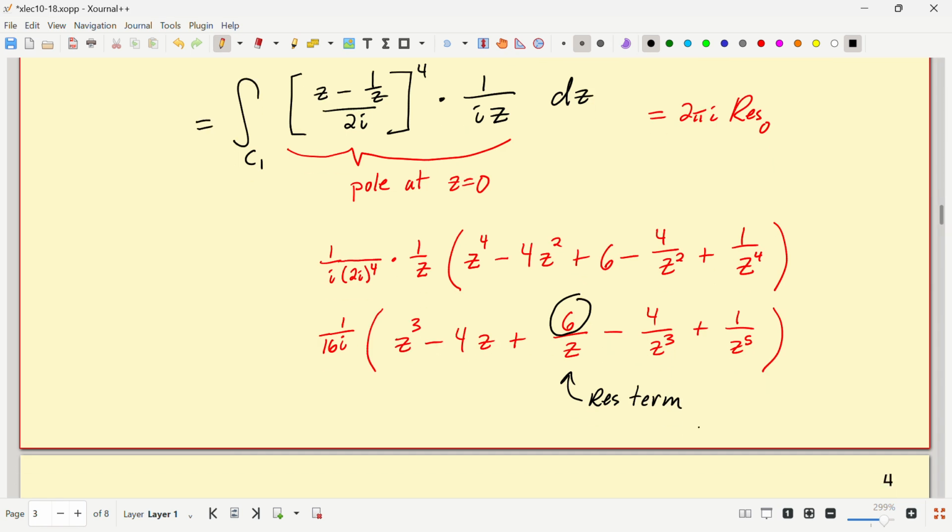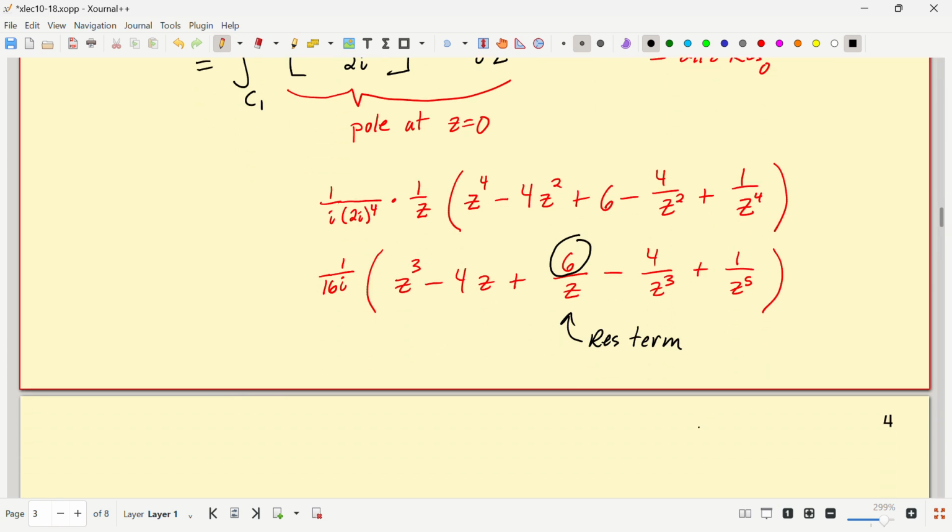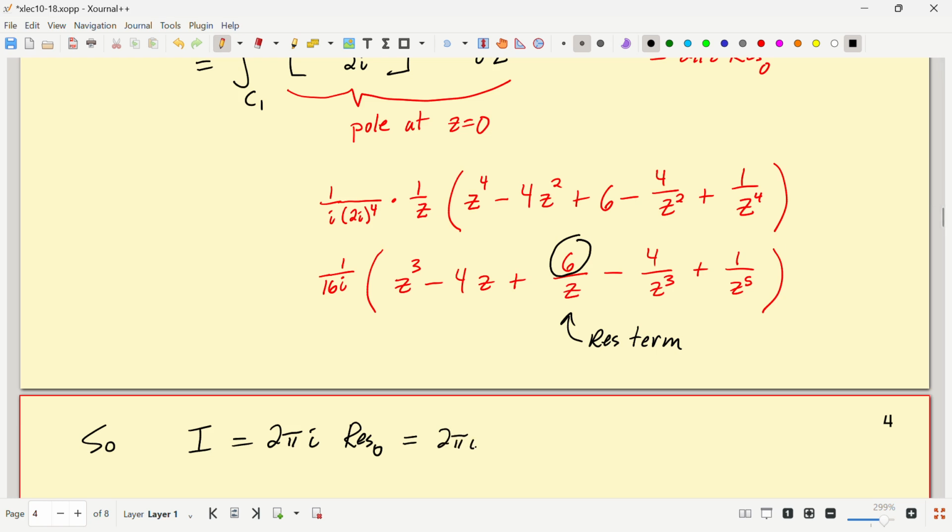And we see, therefore, that my integral is going to be 2 pi i times the residue at 0 of that function, and that's 2 pi i times 1 over 16i times 6.